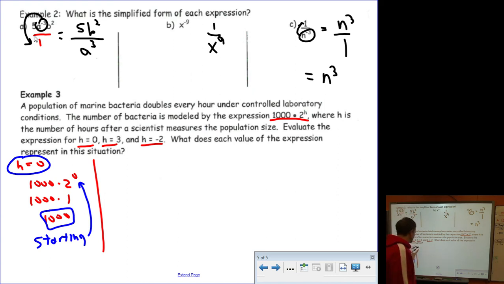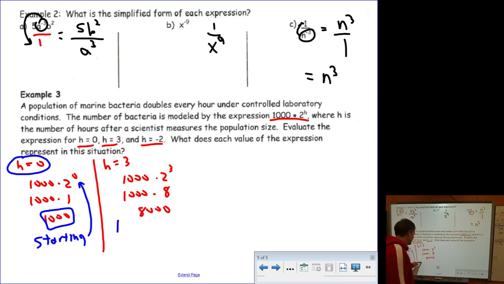How about when h is 3? So after 3 hours, and every hour it doubles. So that would be 1,000 times 2 to the 3rd, or 1,000 times 8, or 8,000.